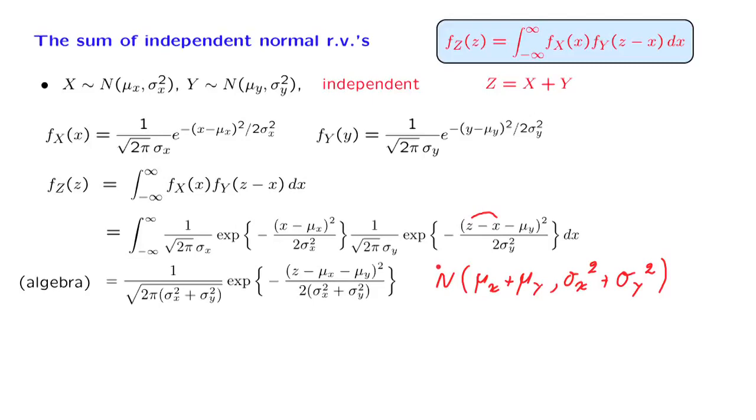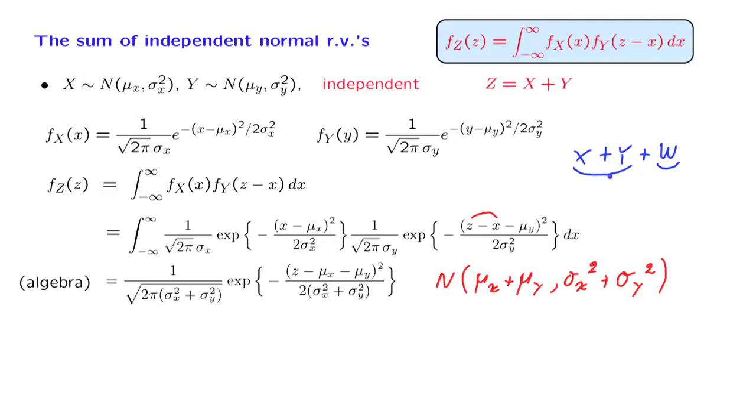Now we carried out this argument for the case of the sum of two normal random variables. But suppose that we had the sum of three independent normal random variables. What can we say about it? By the result that we just discussed, this sum is normal. This is assumed to be normal. We assume that x, y, and w are independent.